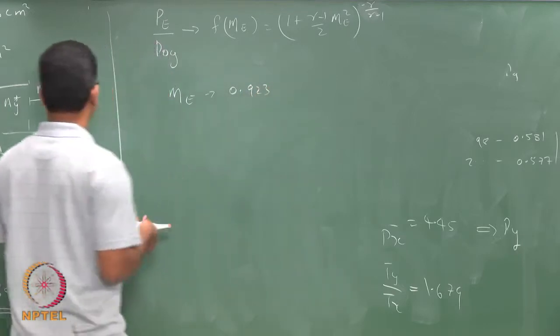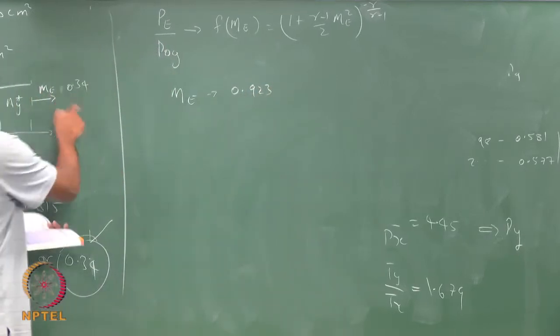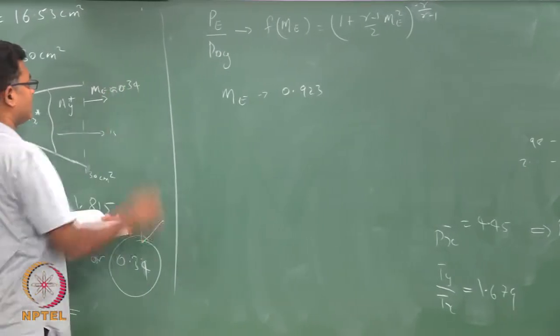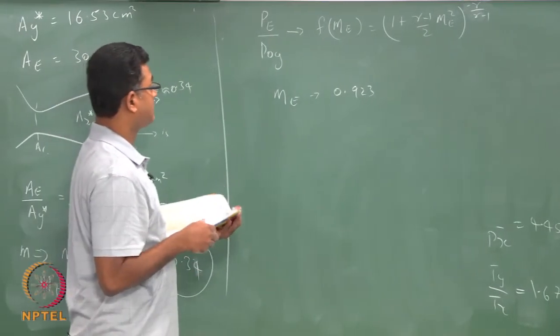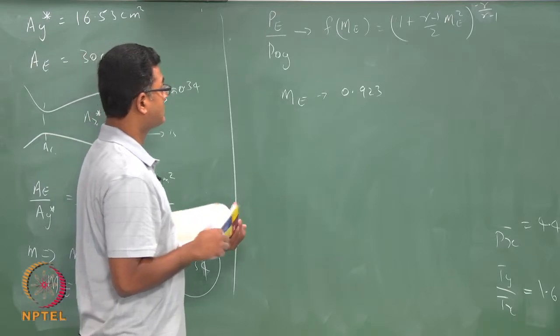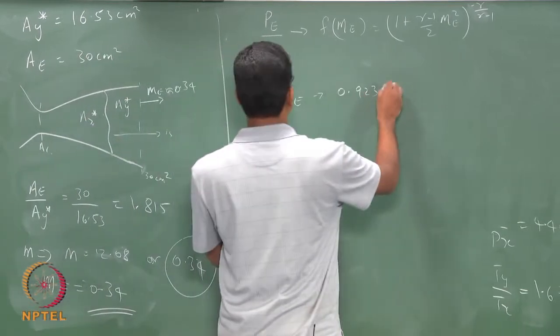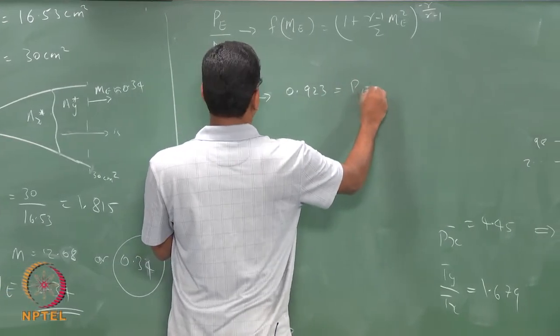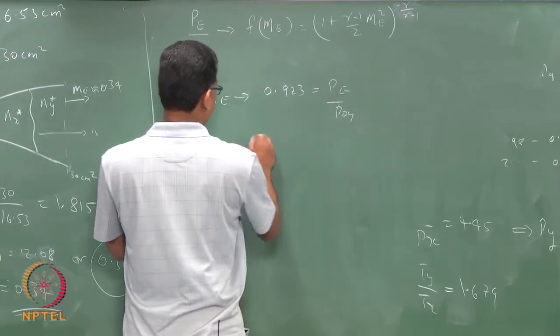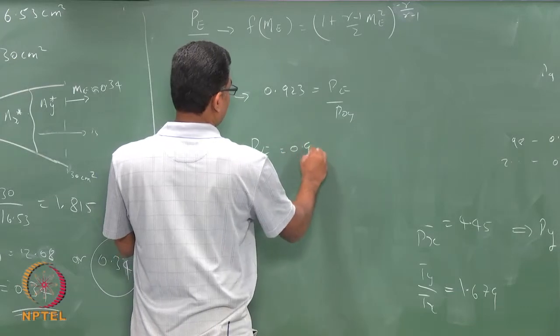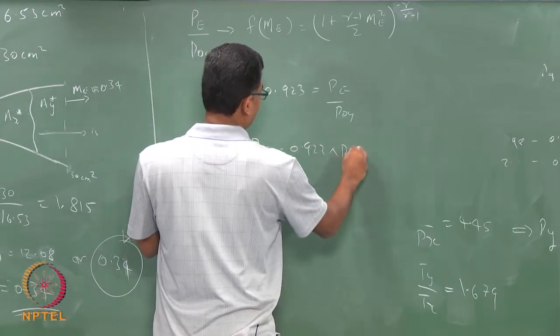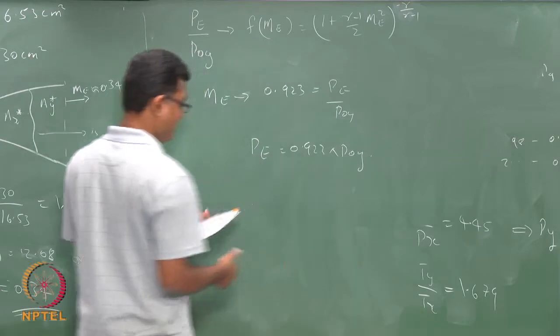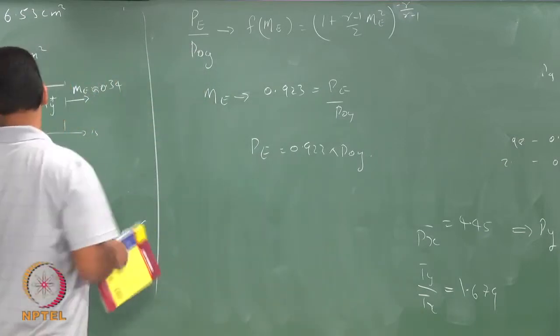So this is an approximate value because you have to interpolate to get it. So you get this ratio as P exit by P0y. So your P exit is 0.923 times P0y, which we have obtained before. So you get your P exit.